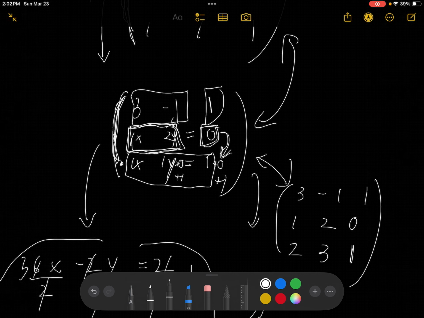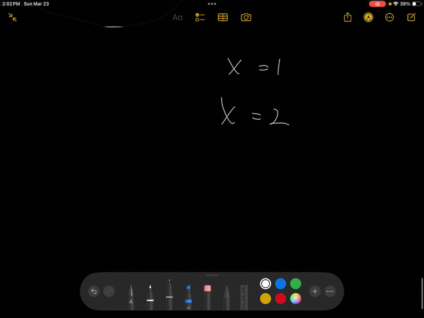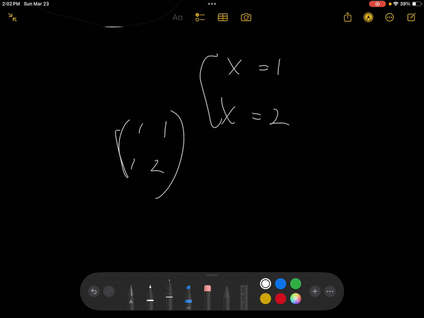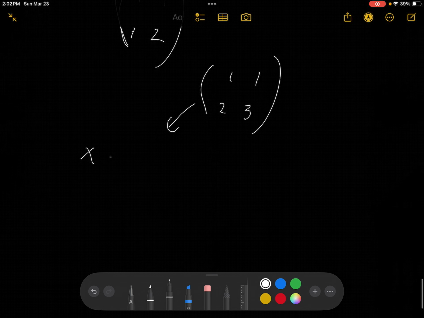Same with adding this row. This would be the same as adding 1 to both sides of the equation, which would not affect the solution set. You'll also see that even if this was an inconsistent system, we can draw out the matrix representing this inconsistent system like this. And if we were to add, say, 2 times the first row to the second row, we would end up with this matrix.